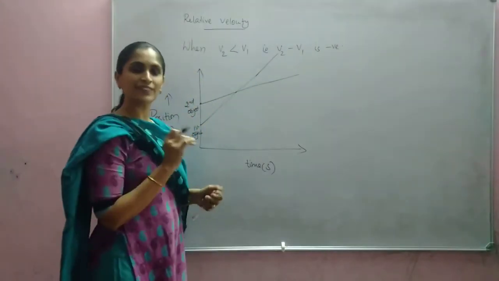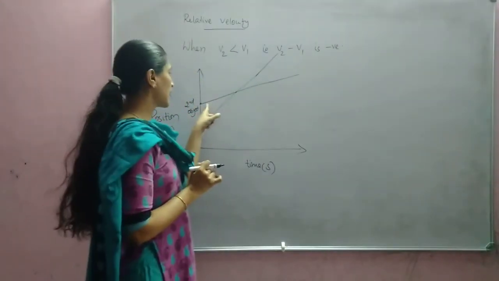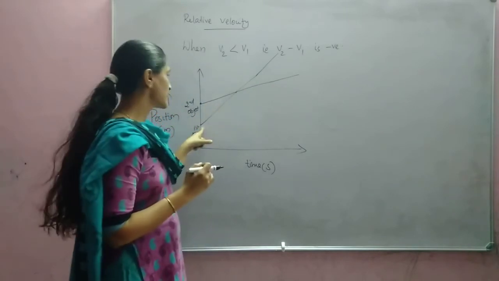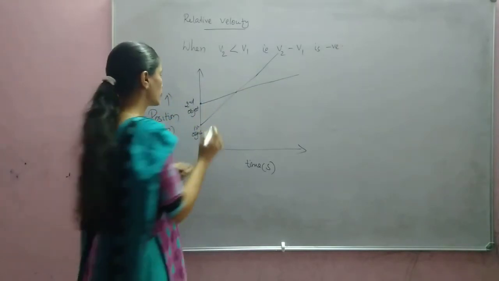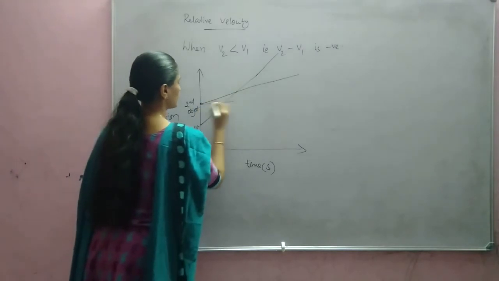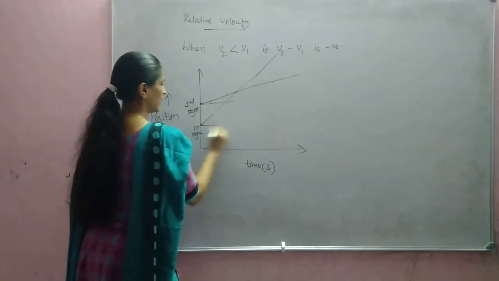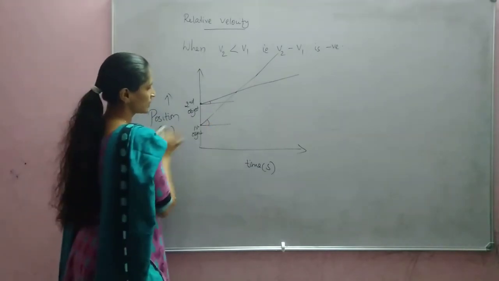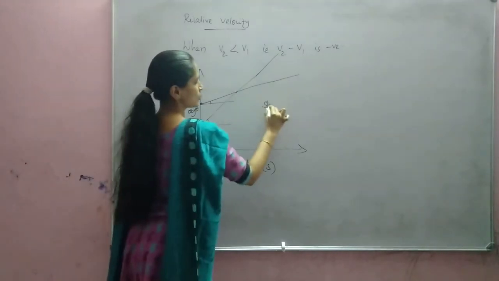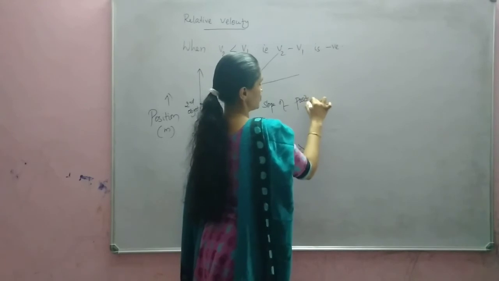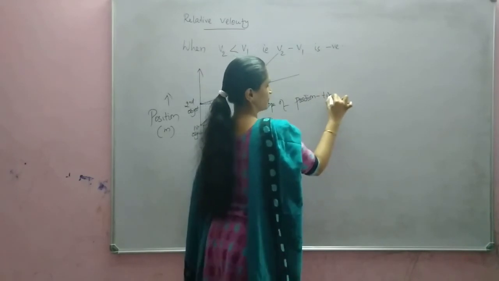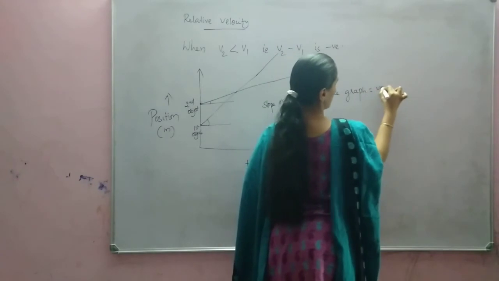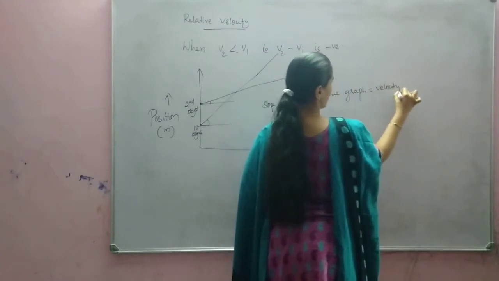In other words, the second object has a lesser slope in comparison with the first object. If you draw a straight line, you can see which angle is more, corresponding to this line. We discussed that the slope of the position-time graph is velocity.